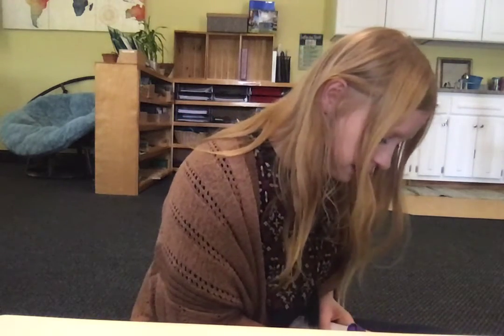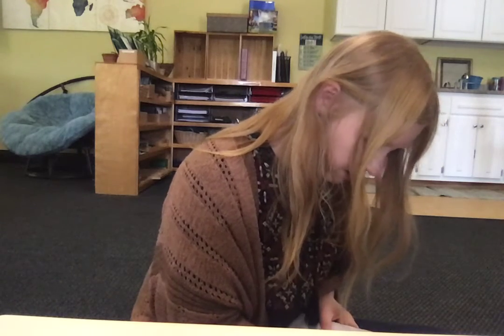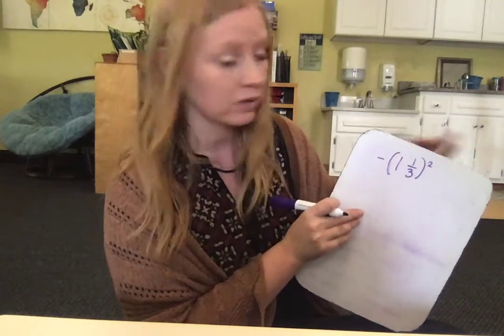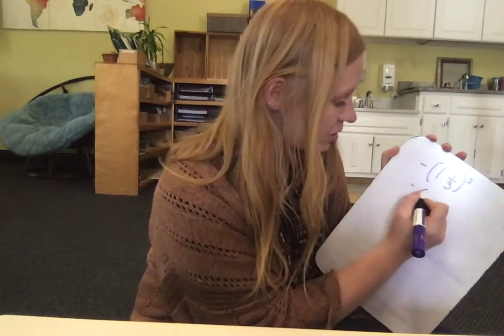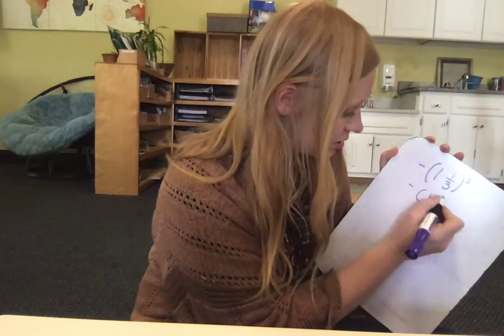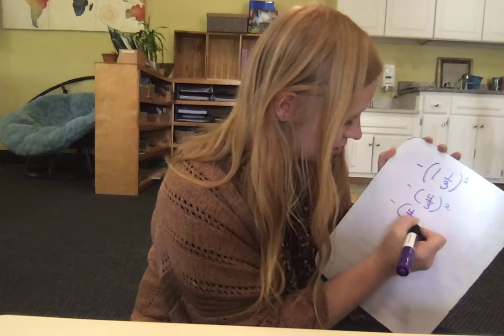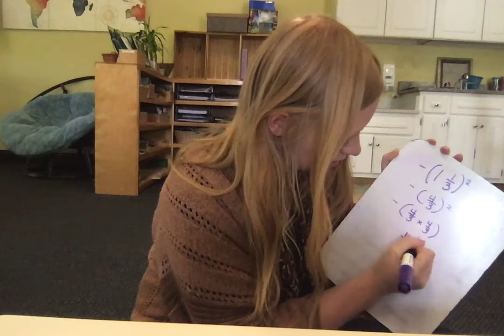Let's look at number 17. Negative 1 1/3 squared. Okay, this one's different because what we're squaring is the positive portion. So once again, turn this into an improper fraction, which is still 4 thirds squared, and we expand it to say 4 thirds times 4 thirds, which is 16 ninths.